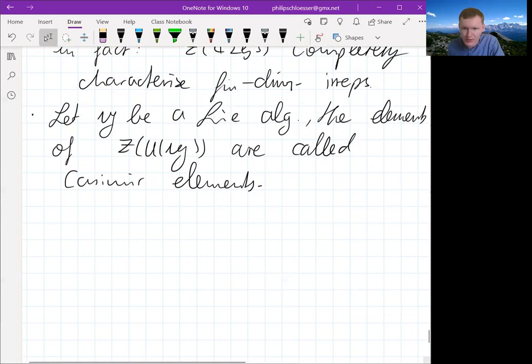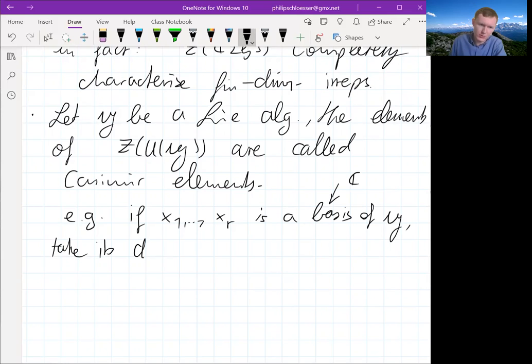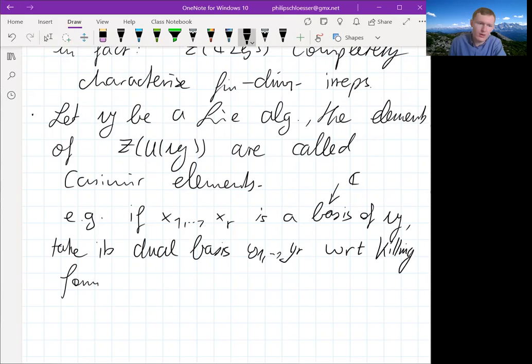Yeah, I think I've also put down a construction here. So, for example, if x1 till xr is a basis of g, just a C vector space basis, then take its dual basis y1 till yr with respect to the Killing form, which is just some scalar product that is defined on g.